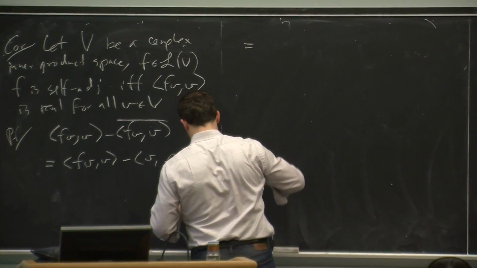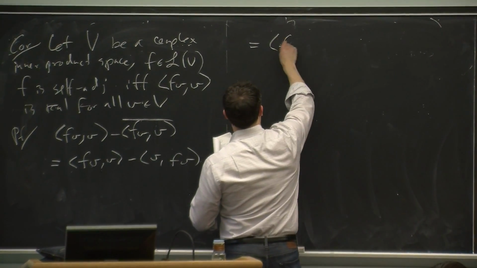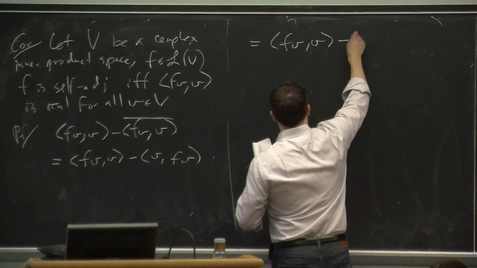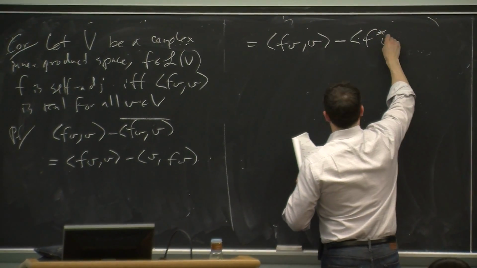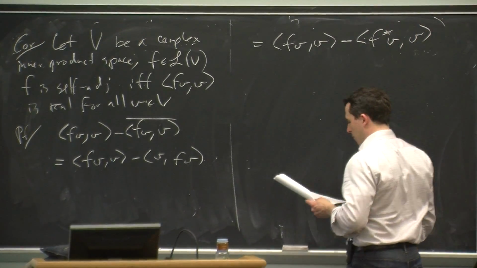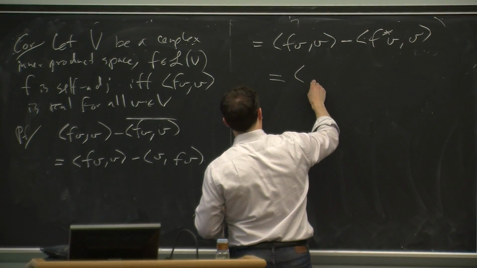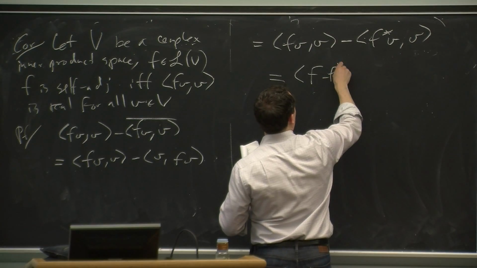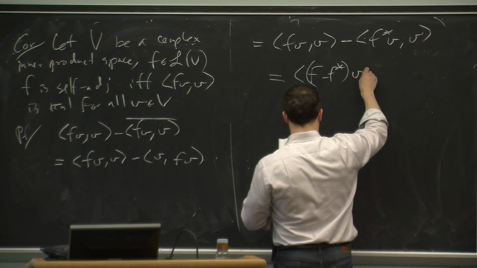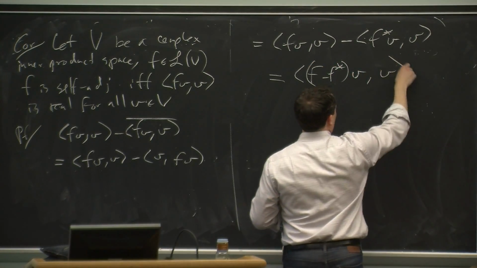That's equal, by definition of the adjoint, to ⟨F(V), V⟩ minus ⟨F*(V), V⟩, which by linearity of the inner product is equal to ⟨(F minus F*)(V), V⟩.